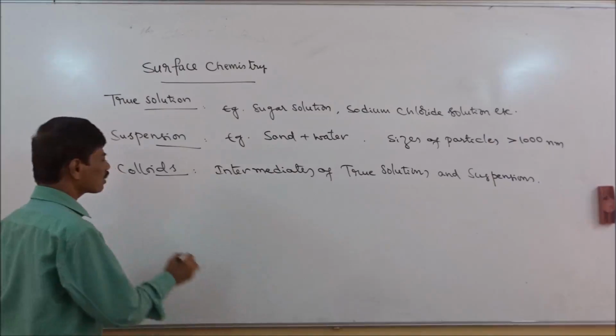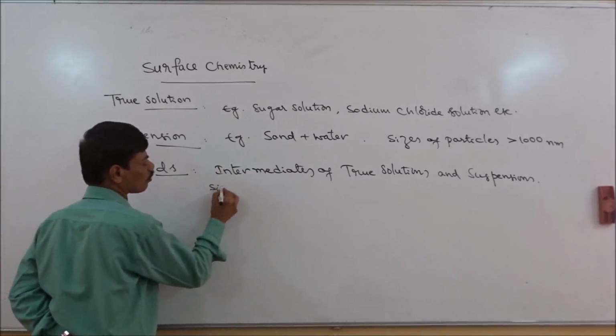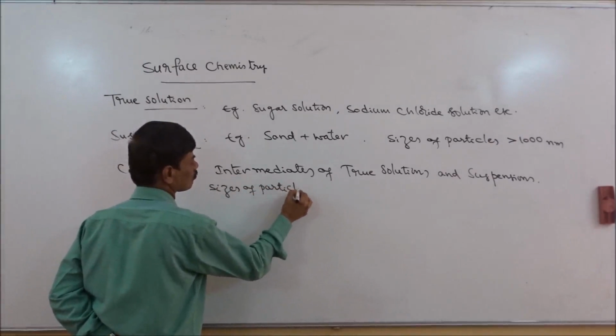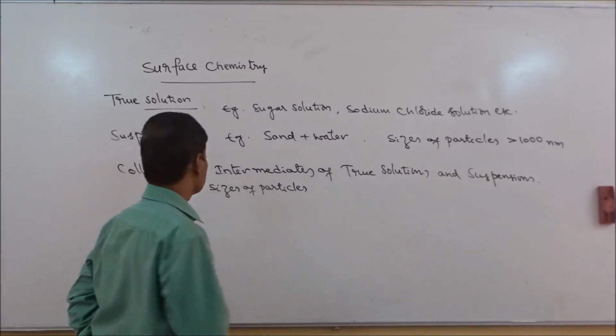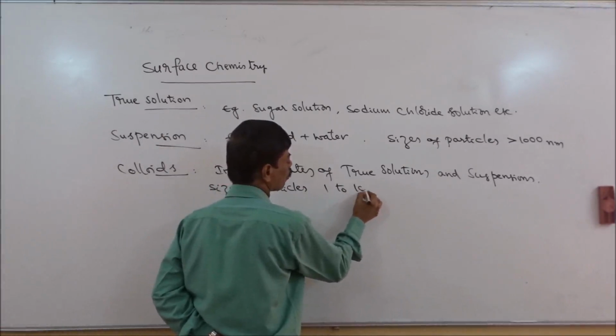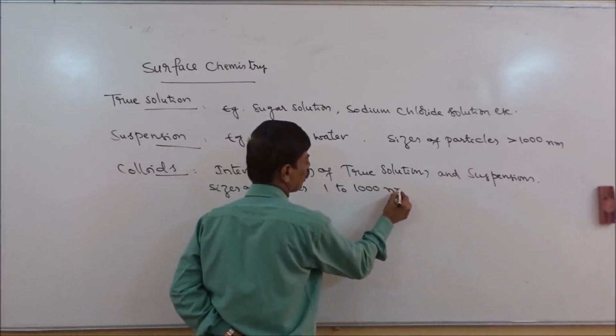And sizes of particles in the case of colloids lie in between 1 to 1000 nanometers.